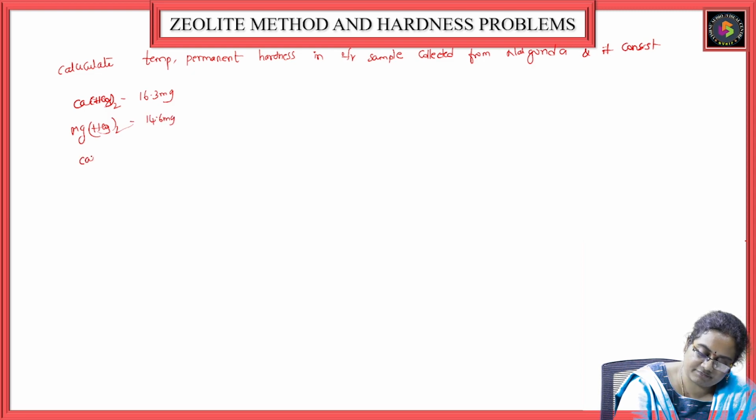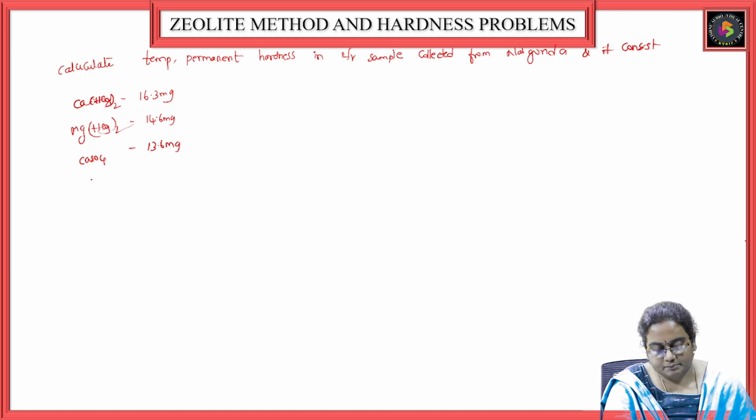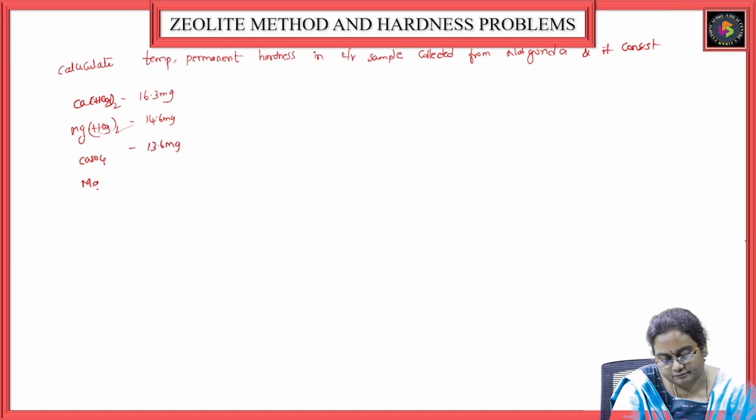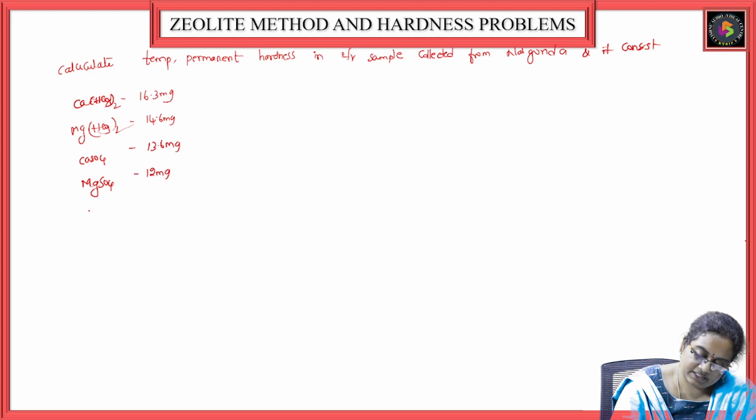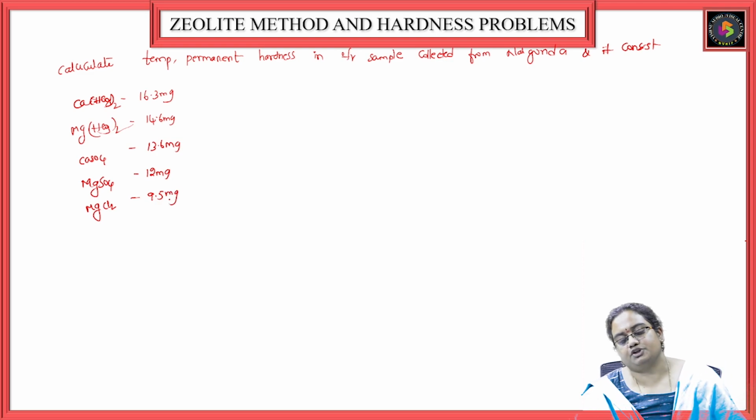Next, calcium sulfate, 13.6 milligrams. Next, magnesium sulfate, 12 milligrams. Next, magnesium chloride, 9.5 milligrams. Okay, this is your problem.